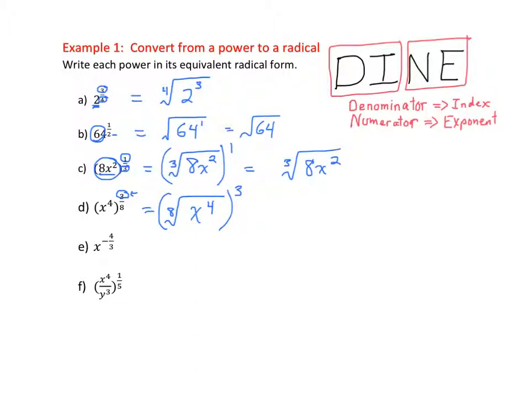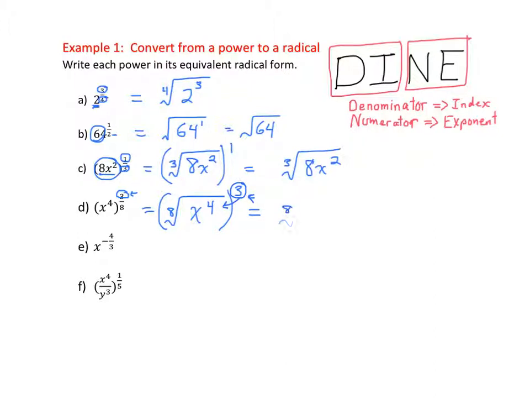Now we need to simplify this a little bit more. With this power outside here, we have to do something with it when it's not a 1. If you look back to the way you can convert it, it can be written in the form with the exponent on the outside, or you can bring that exponent into the radical as the exponent of the radicand.